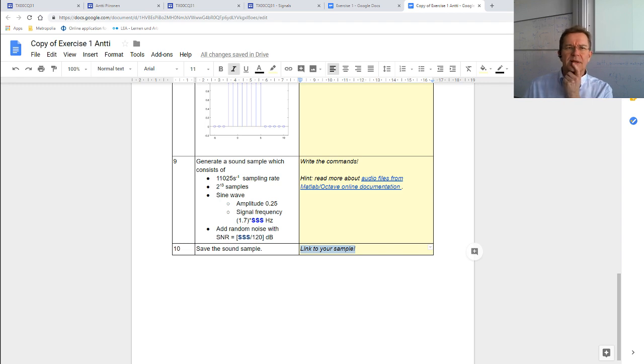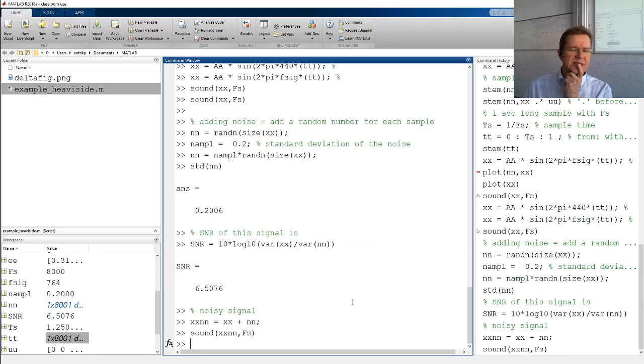So practically what it means is it needs to be just saved in some good format. For that one, we need the audiowrite function. Let me find it. Doc audiowrite.